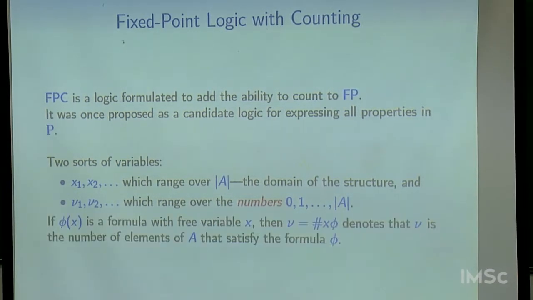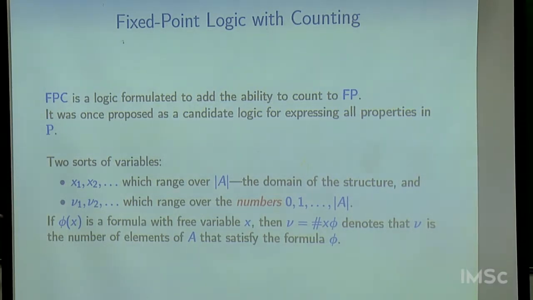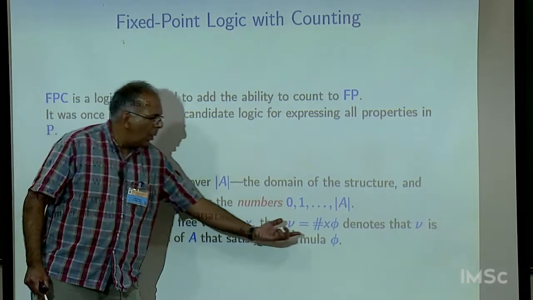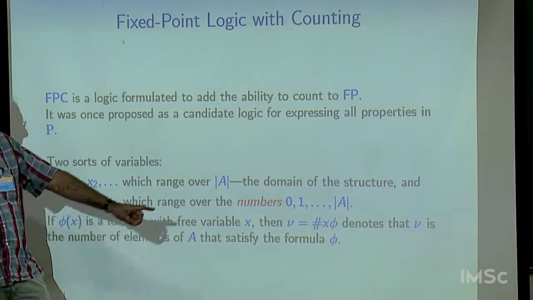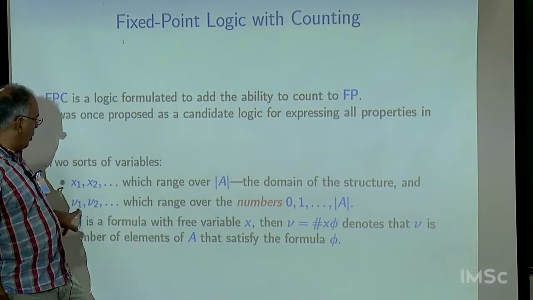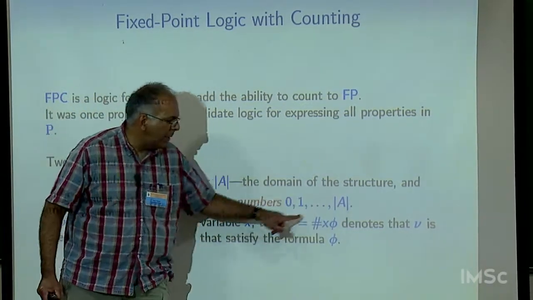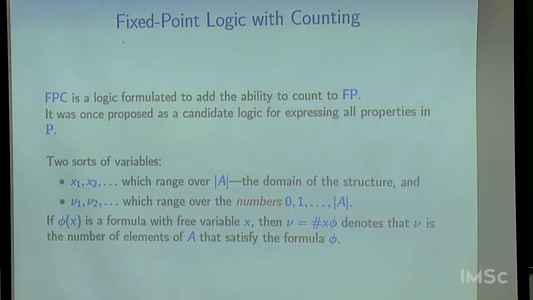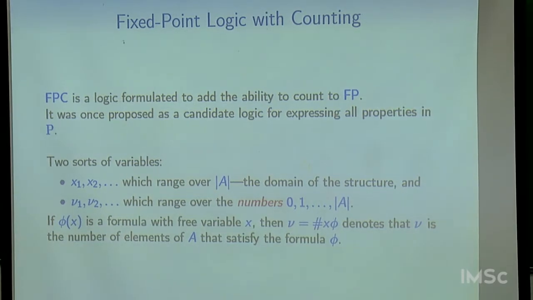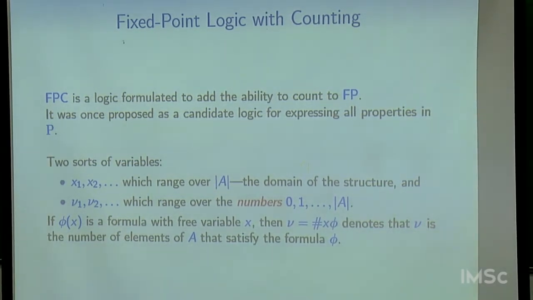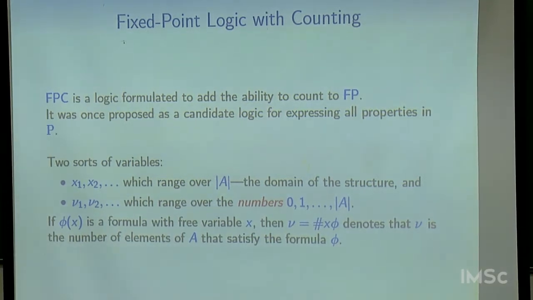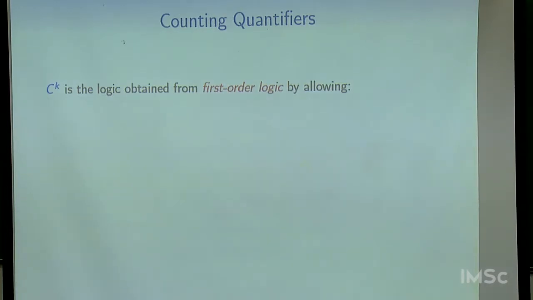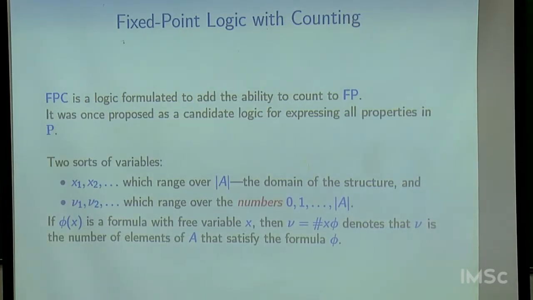And what links the two is that when you have a formula with a free variable x, we can write this thing over here, which basically says that this number, where nu is a variable which ranges over numbers, is the number of x that satisfy phi. And in addition, on the numbers, we have an order, so we can do arithmetic and various things we'd like to do with numbers. That's fixed point logic with counting.